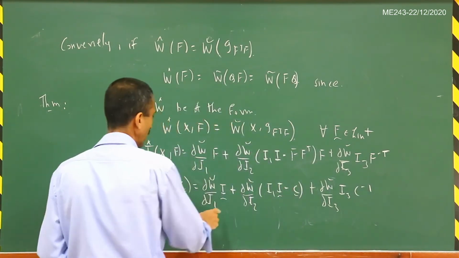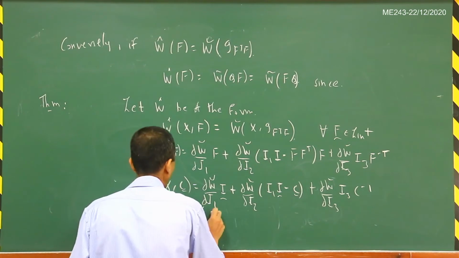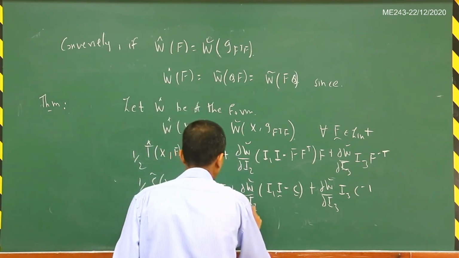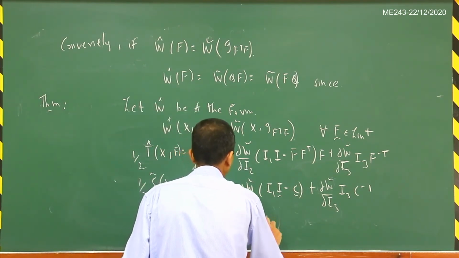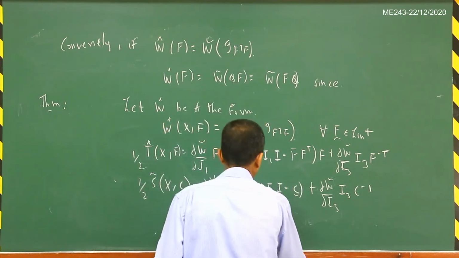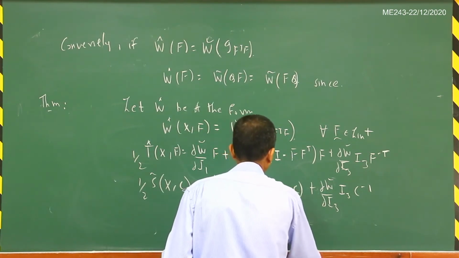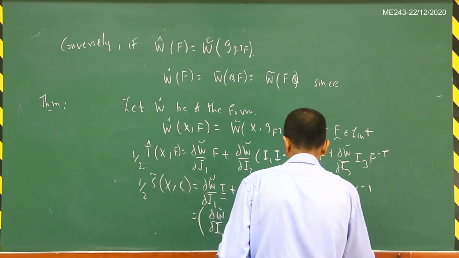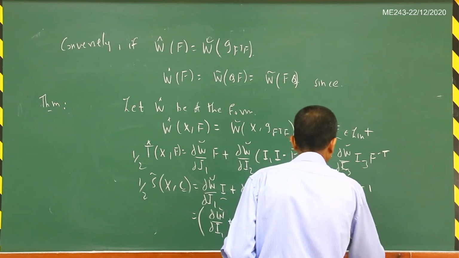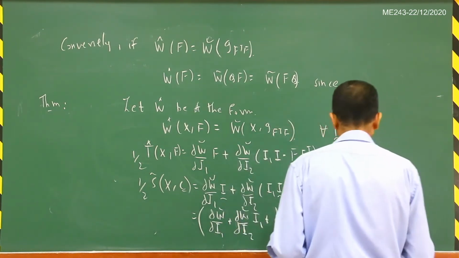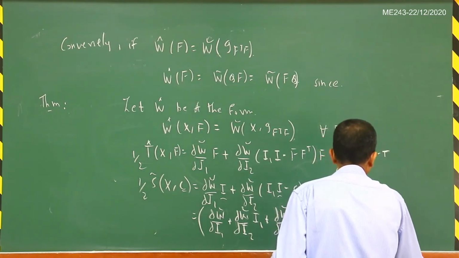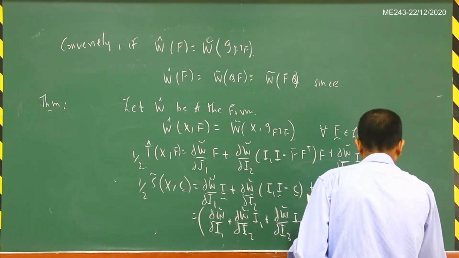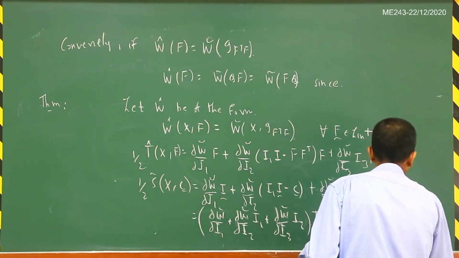And this can also be written in another form, that is equal to (del W by del I1 plus del W by del I2 times I1 plus del W by del I3 times I2) times I minus (del W by del I2 plus del W by del I3 times I1) times C plus del W by del I3 times C squared.